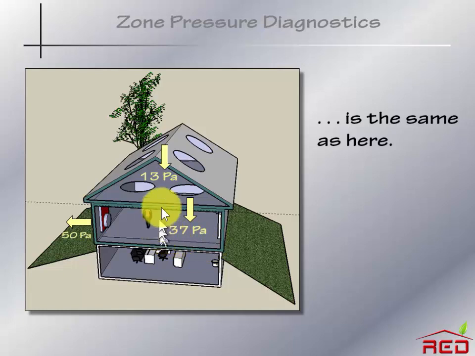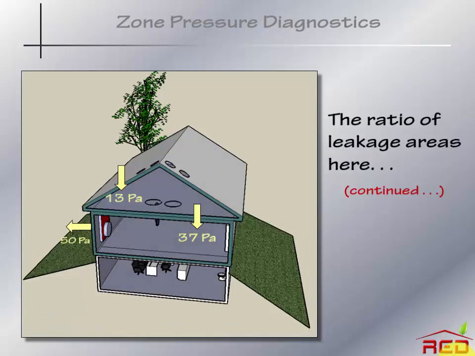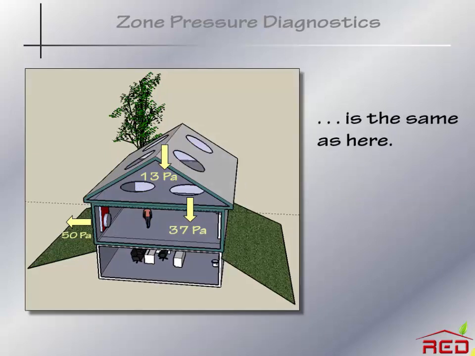Now you can see that the pressures are the same as on the previous slide, but, and here's the previous slide, you can see here the holes are much smaller, but the relationship of the hole size is the same here as it is here.